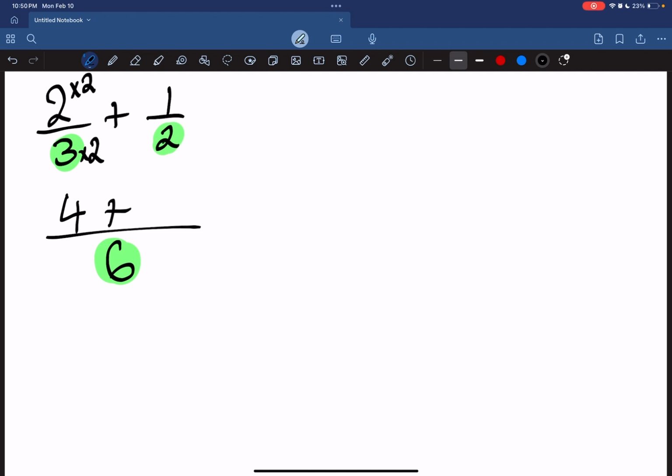What did I multiply 2 by to get 6? That's a 3. Or you could say 2 into 6 goes 3 times. So I multiply both the numerator and the denominator by 3. With that, 1 times 3 is going to give us 3. And that's going to leave us with 7 over 6.